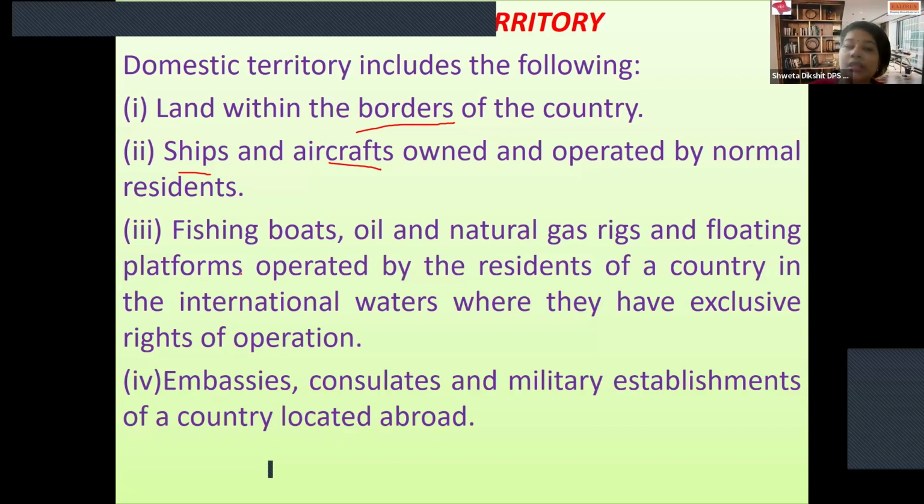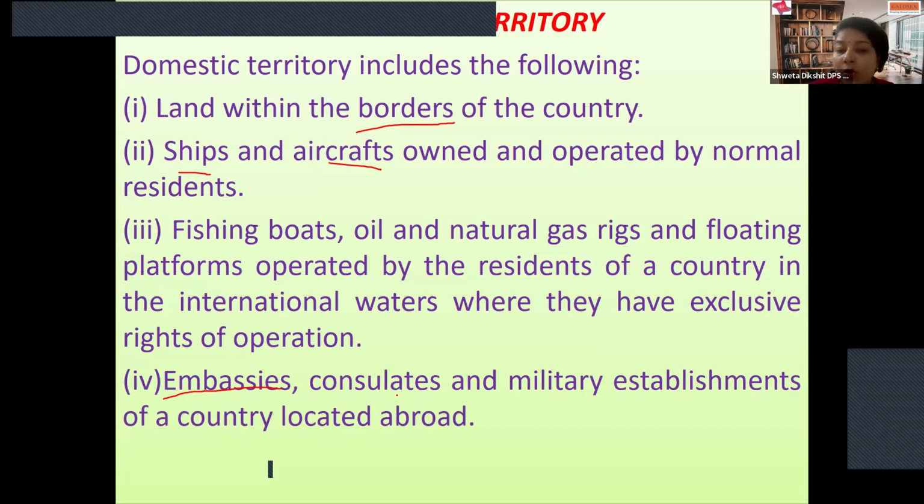Because the domestic territory is a place where all the economic interest is confined to India only. Now, a very interesting thing, the embassies, the consulates, the military establishments of any country, which are of course located abroad, like Indian embassy in Russia, Indian embassy in USA, USA embassy in India or Japan embassy in Pakistan. You must be wondering why ma'am is talking about so many embassies. I'm talking about them because they are definitely established beyond the political boundaries of their country.